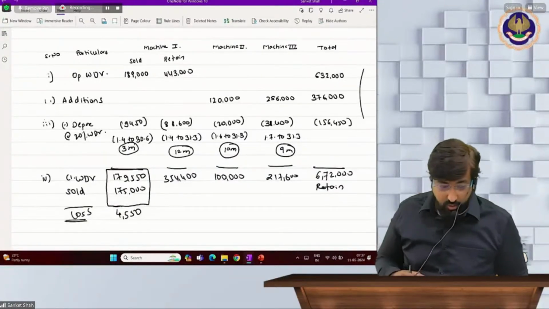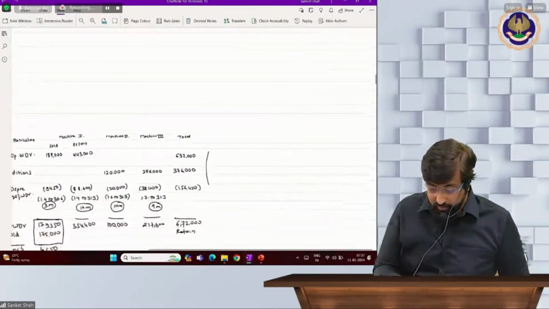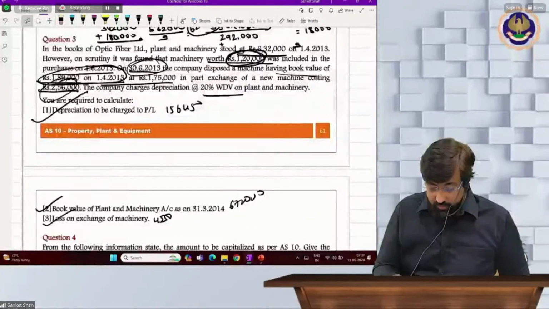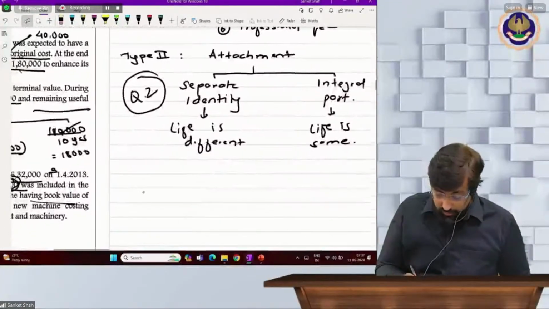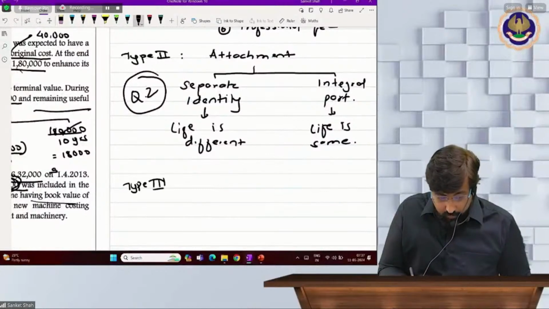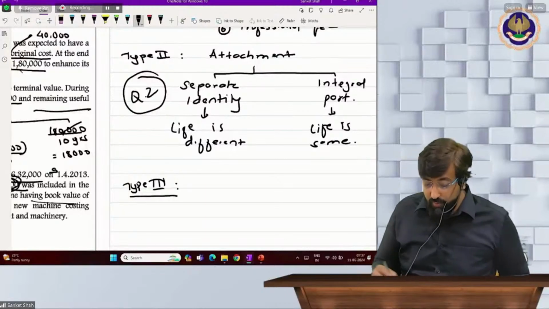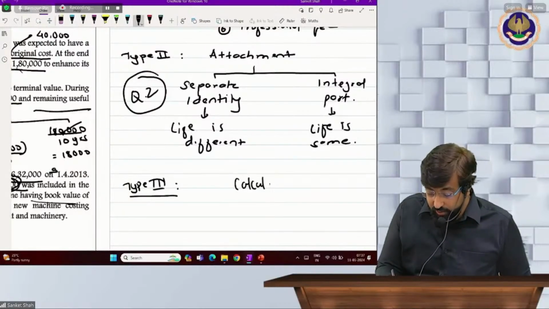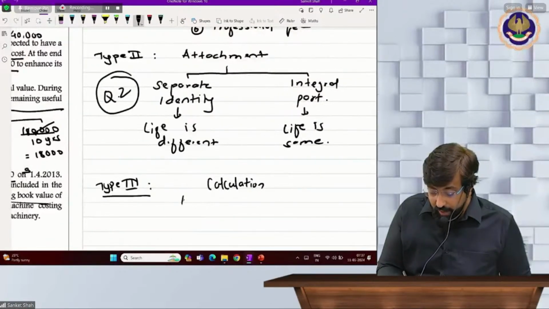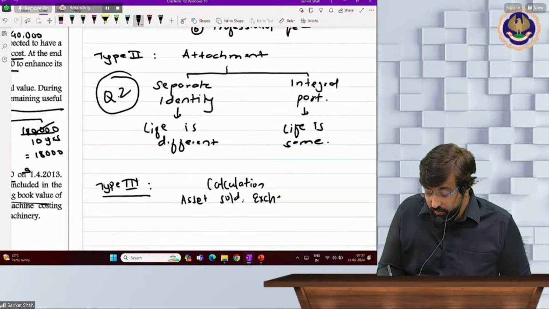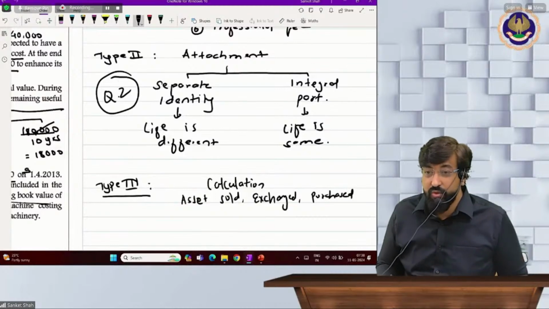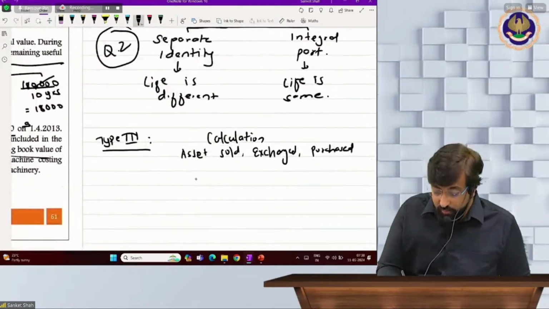Let's write down type number 3. This type of problems, when calculation questions: assets sold, exchanged, purchased during the year. So these problems, how to solve?